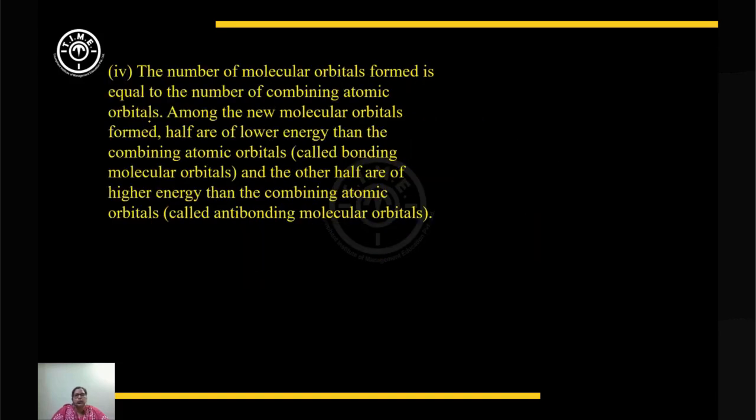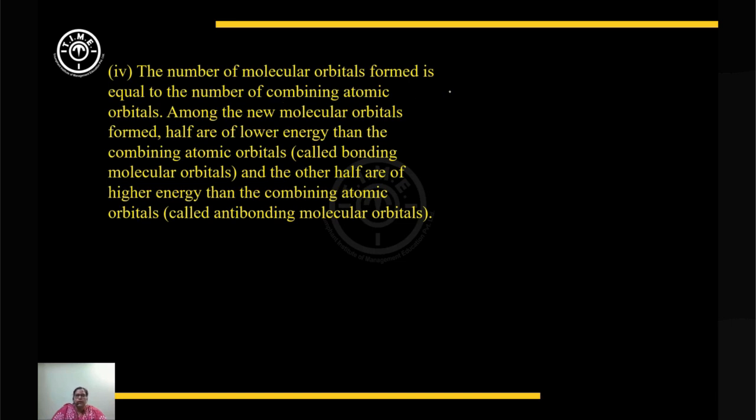The number of molecular orbitals formed is equal to the number of combining atomic orbitals. And among the new molecular orbitals, half are of lower energy than the combining atomic orbitals and the other half are of higher energy than the combining orbitals.